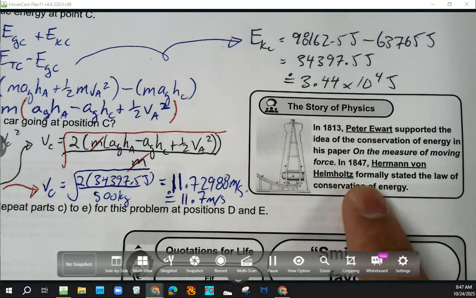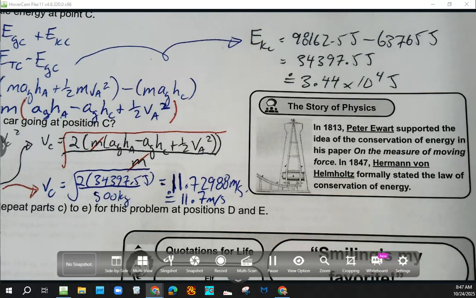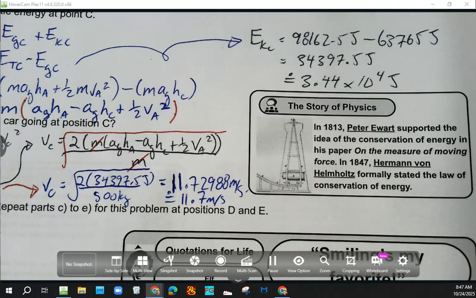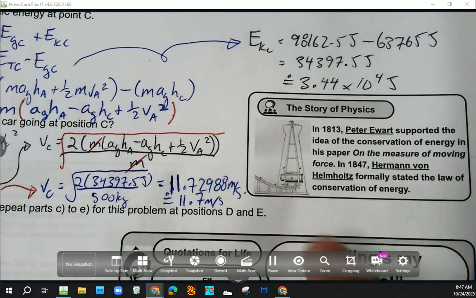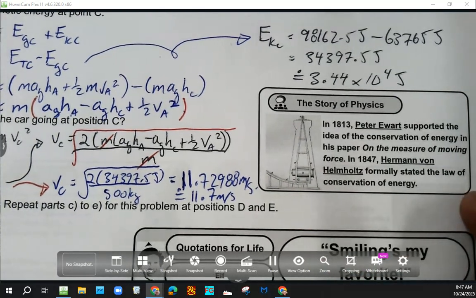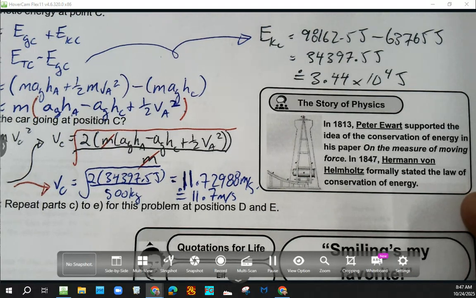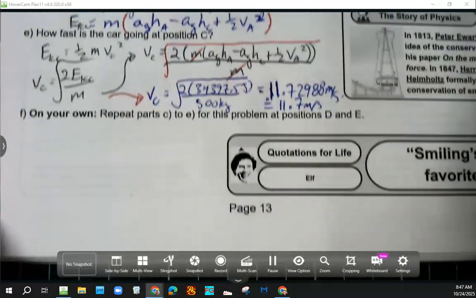This is within the past 200 years. That's remarkable to me. Anything that happens within the past 200 years, I'm like, wow, that was cutting edge. And you think about how far we've come within 200 years, but I think that that's kind of neat. By the way, this is a schematic diagram of the apparatus that one of these guys used. I can't remember because I did this last year.